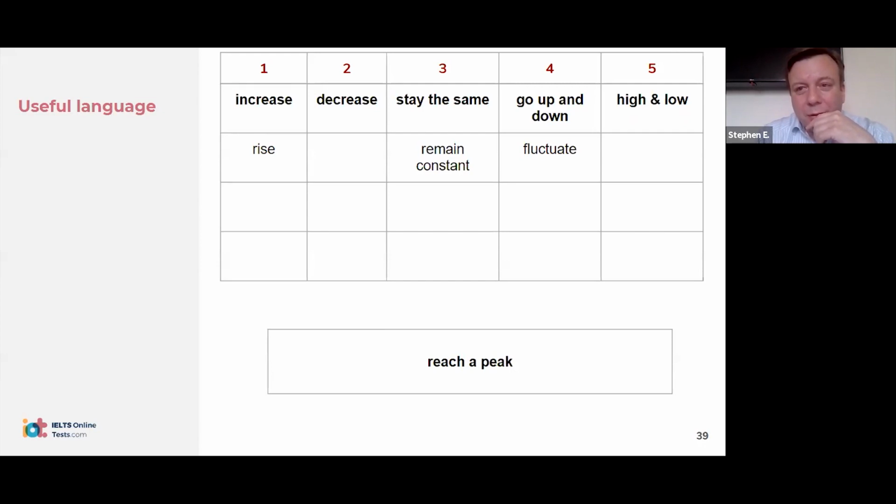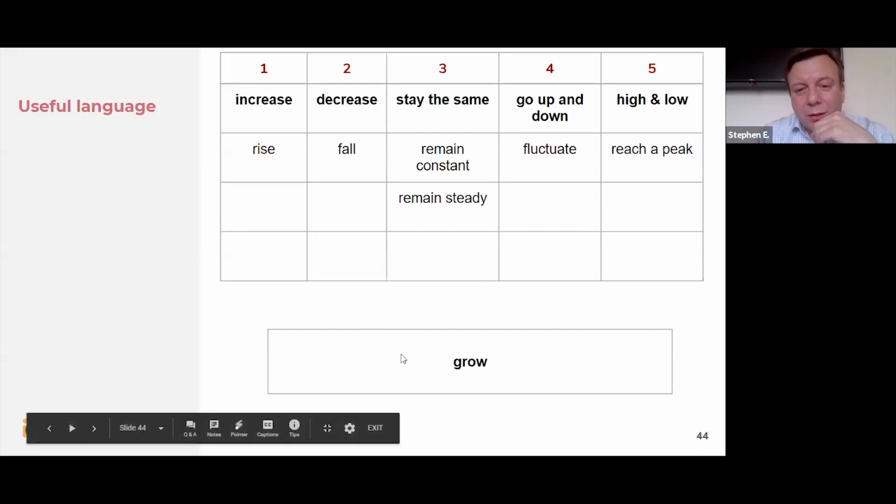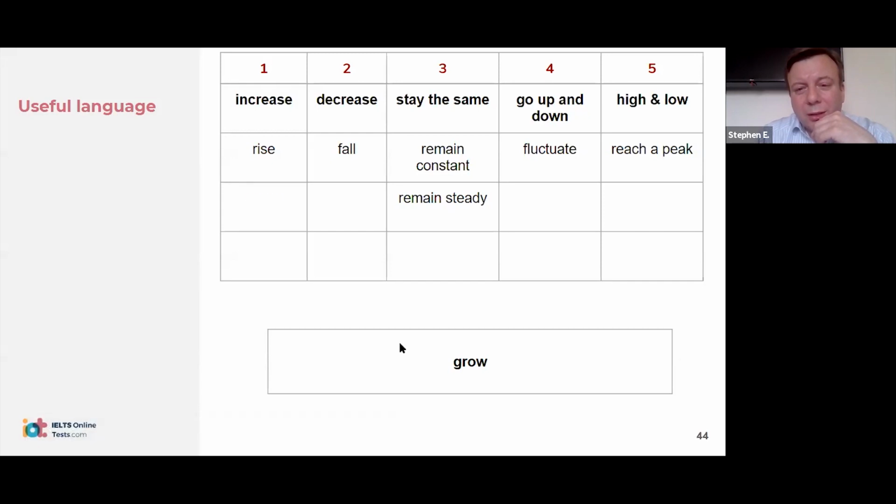Okay, good. Oops, did that for you. Fall. Yeah, good. Grow. Yeah, good. And then rise and fall. Yeah, good. Decline.